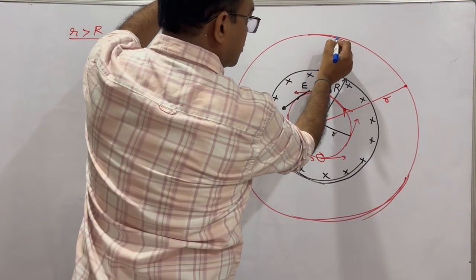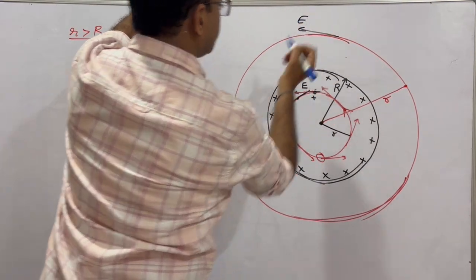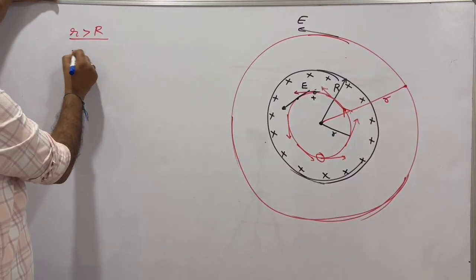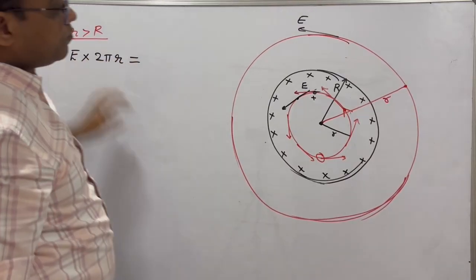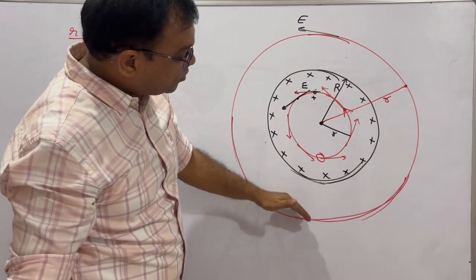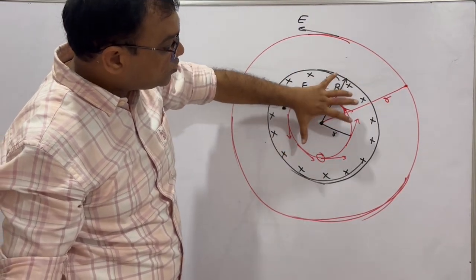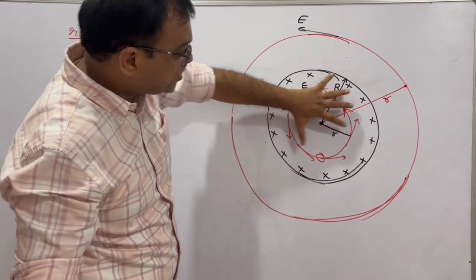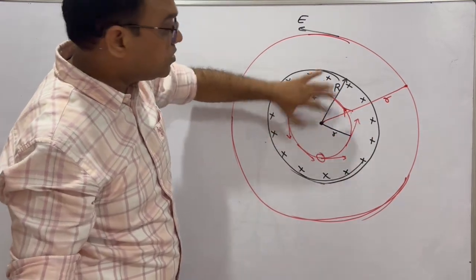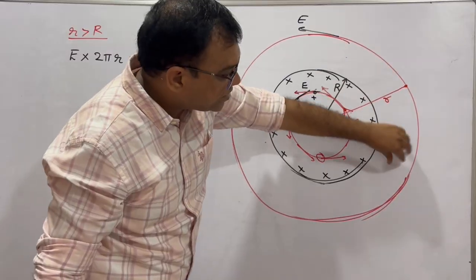Let us say the induced field is E, then E dot dl over this path will be this. But now for this circular path, the field is present only up to capital R. Field is present only in this region, right? In this region there is no magnetic field.